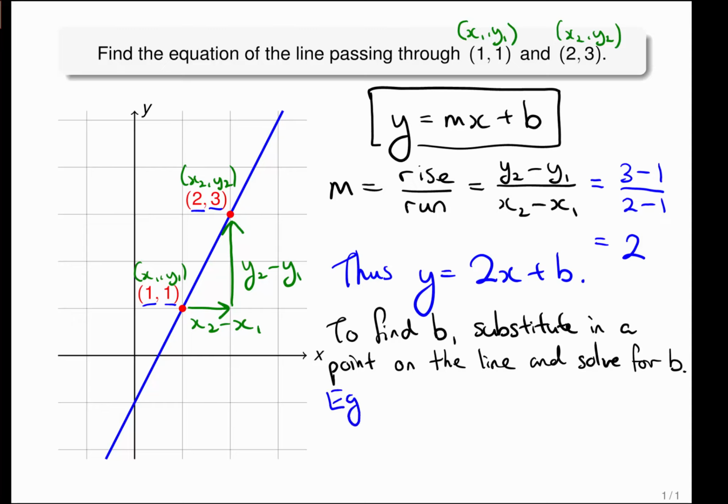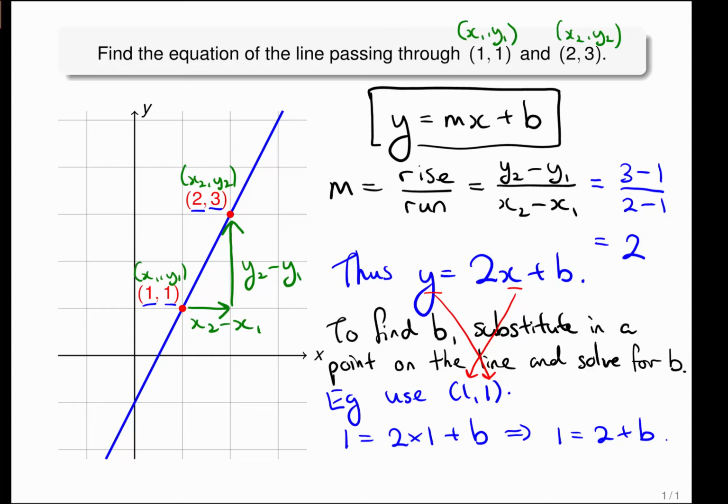Here, we'll choose the point (1, 1) to substitute in. So, by setting y to be 1 and x to be 1, we therefore get the equation 1 is equal to 2 times 1 plus b, which simplifies to just 1 equals 2 plus b.